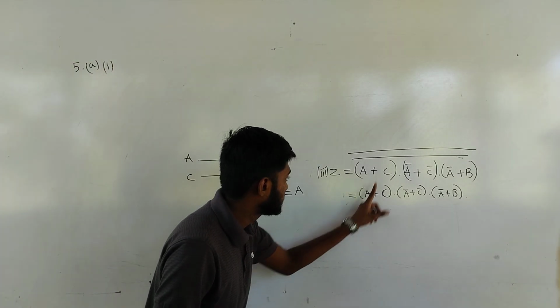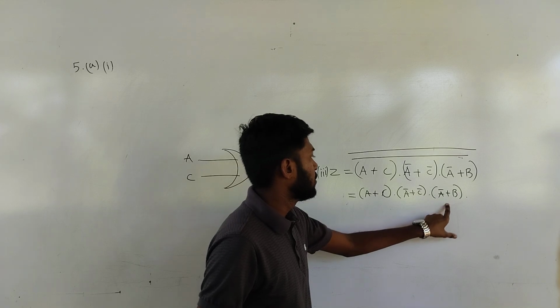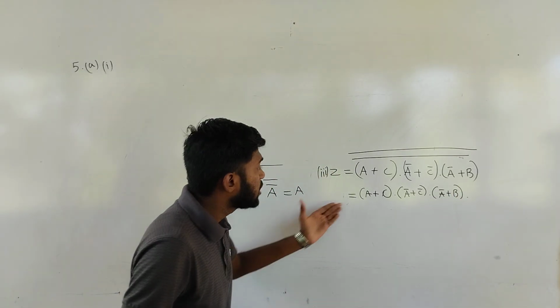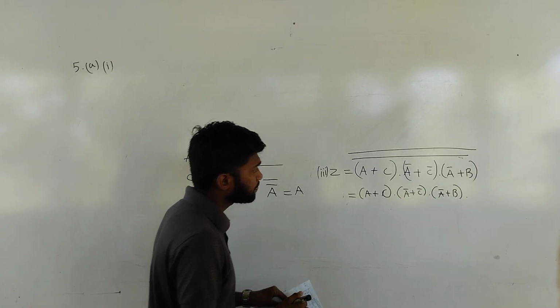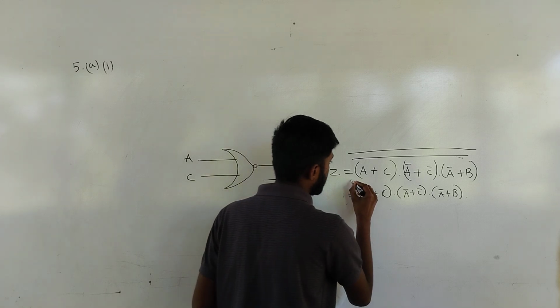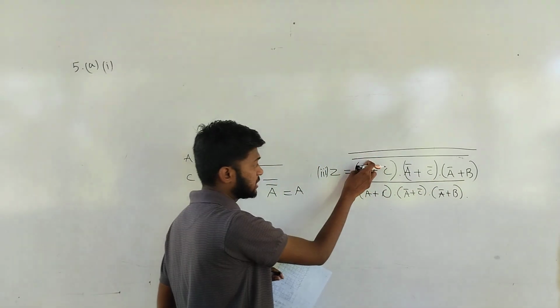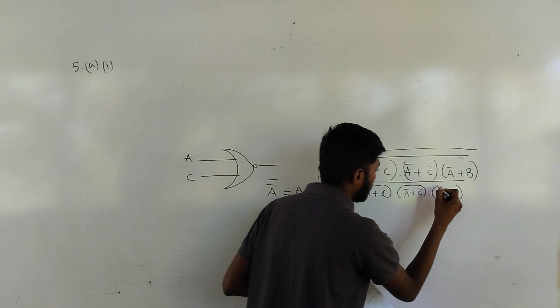So we will be getting the same A plus C, the same A bar plus C bar, and the same A bar plus B. As simple as it is. So let us use this way and do this. Let me keep the top bar as it is, and let me break the bar which is below the top bar, like this.